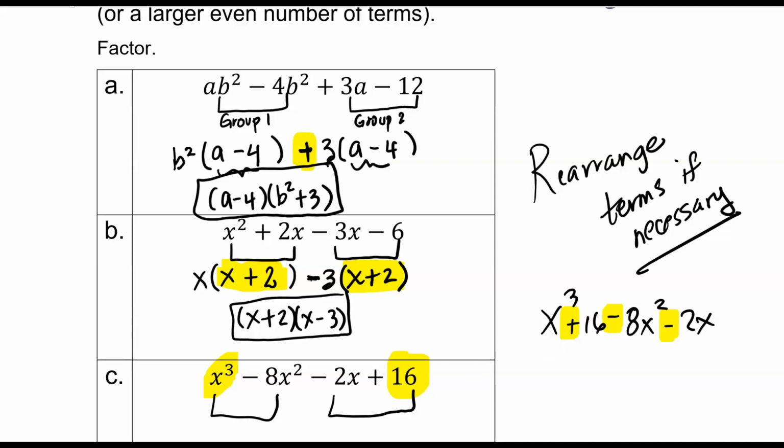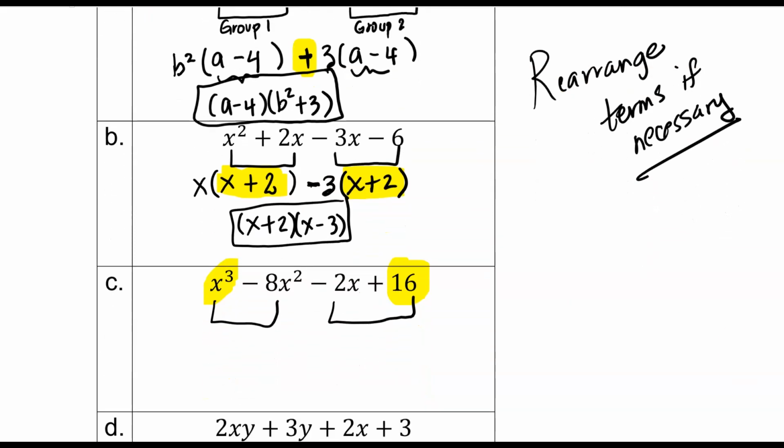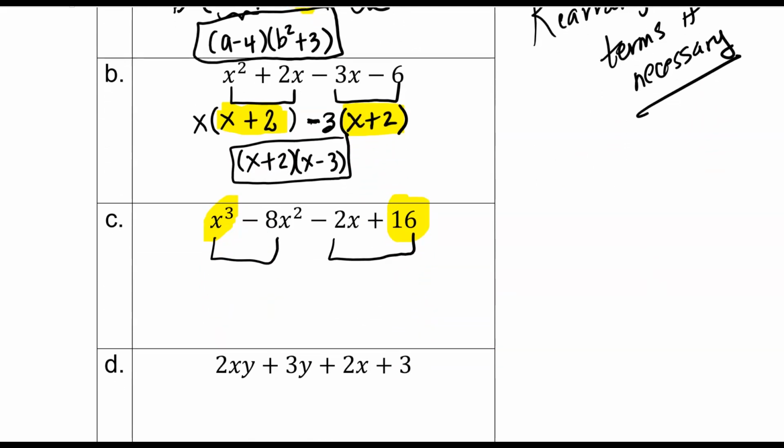All right, moving on, we're going to now group. So what's in common with our first group here? Well, it looks like we have x squared in common. When we pull that out, we will have an x minus 8. And then we have negative 2x plus 16. We want x minus 8 to show up over here somewhere.